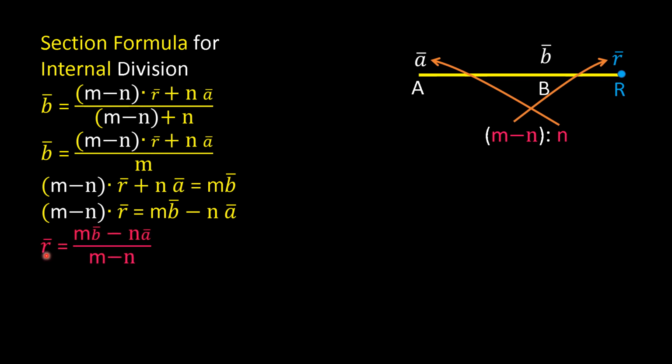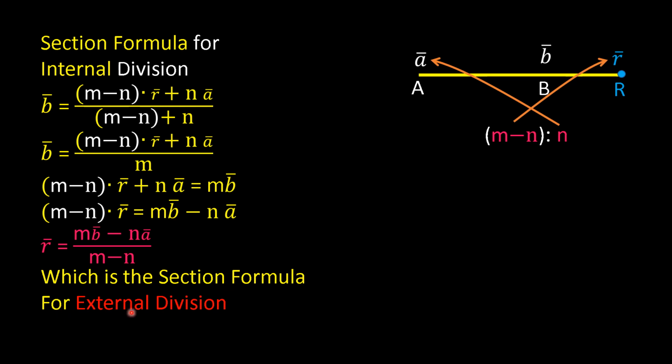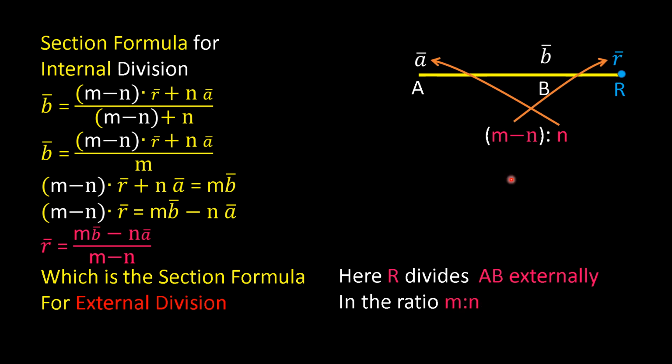That gives us R bar equals m B bar minus n A bar divided by m minus n, which is the section formula for external division. Here R divides AB externally in the ratio m as to n.